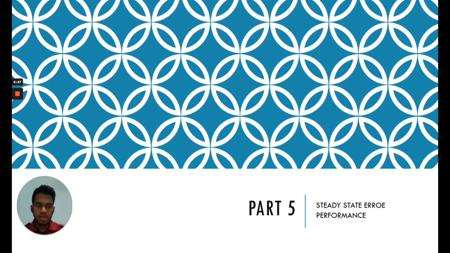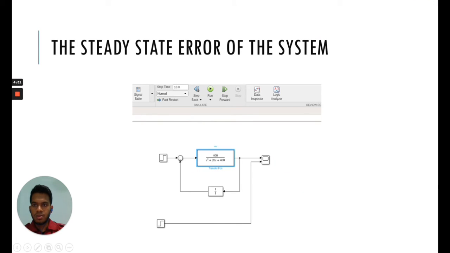Today I will talk about chapter 5, part 5 of our project, which is the steady state error performance. First of all, we need to know what steady state error is. The difference between the input and the output of a system in the limit as time approaches infinity is defined as the steady state error.